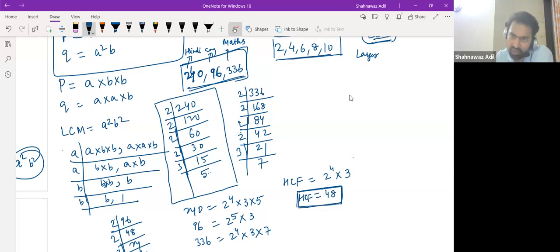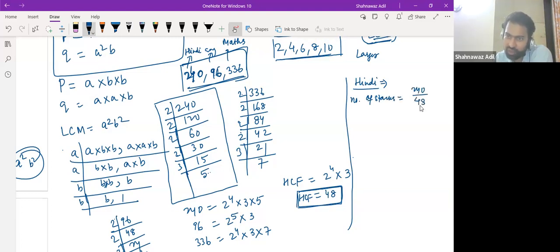This is the answer. But the extension of this question would be, in Hindi, how many stacks will you have? The number of stacks would be 240 divided by 48. So how much is this? This is 2, right? And then this is 10.